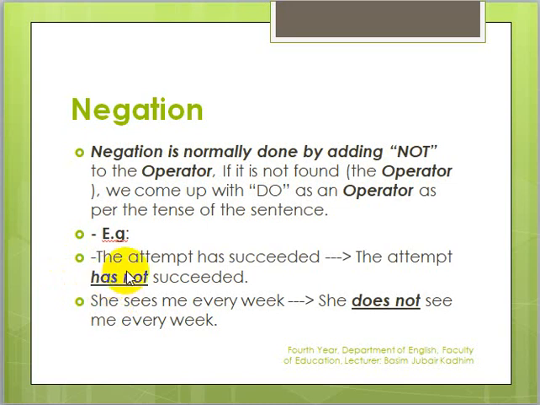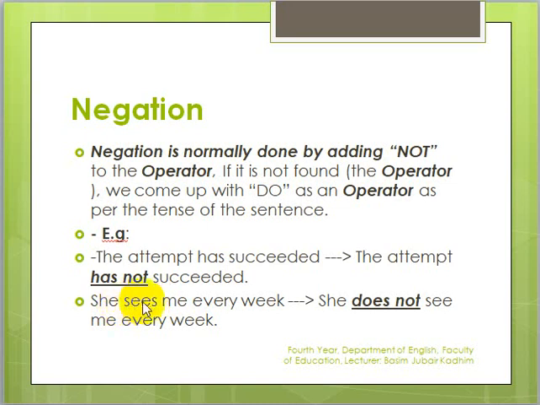Now, here we can see that the auxiliary verb is has when it is in the perfect tense, and not is after has. Here we can see that the tense is the present simple tense, and there is no do or has or is. So what will we do?